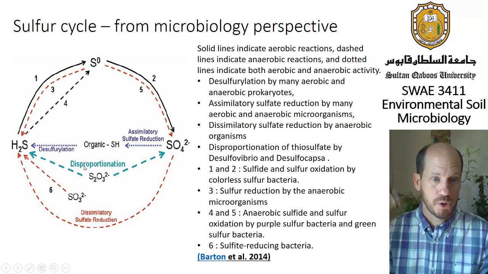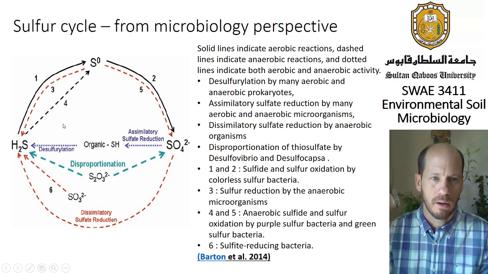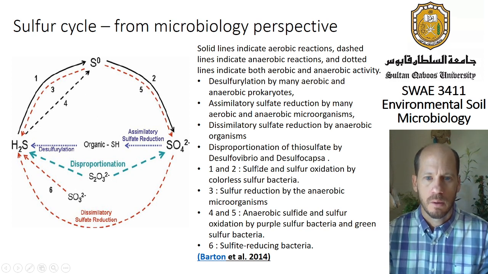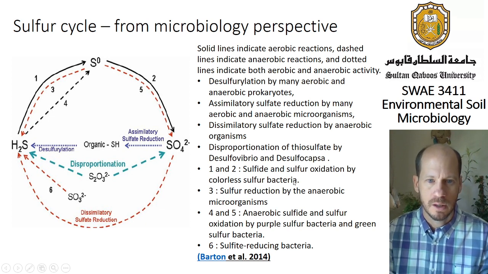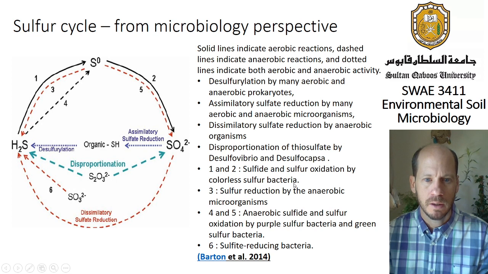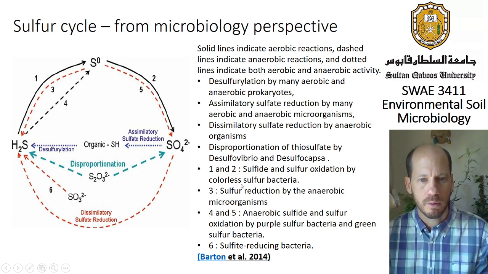We have disproportionation also. I will explain this a little bit more in a bit. And on the oxic side of the cycle, you will have sulfide and elemental sulfur oxidation processes by colorless sulfur bacteria, and you will have elemental sulfur reduction by anaerobic microorganisms.